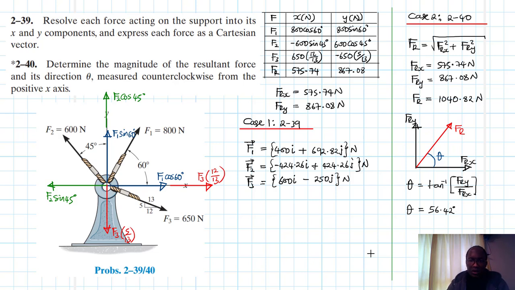Let me check it again: 867.08 divided by 575.74, tan inverse of that, we have 56.42. Great.